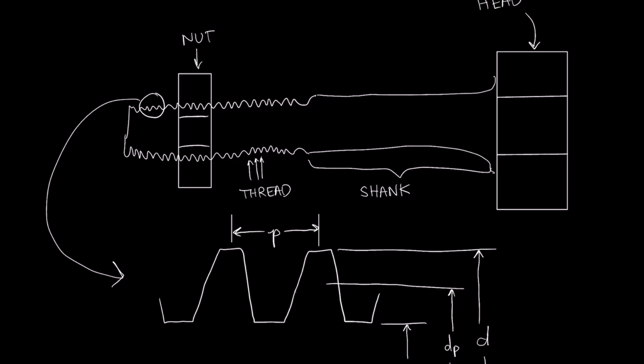When a fastener fails in pure tension, it typically will break through the threaded portion or just underneath the head of the bolt. Because if we take a look at this bolt as we've drawn it here, where are our stress concentrators? We have one underneath the head of the bolt, right?